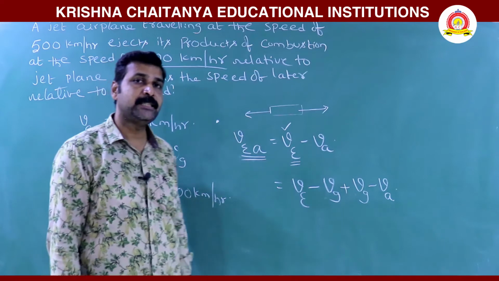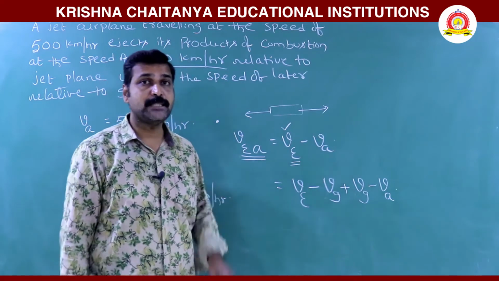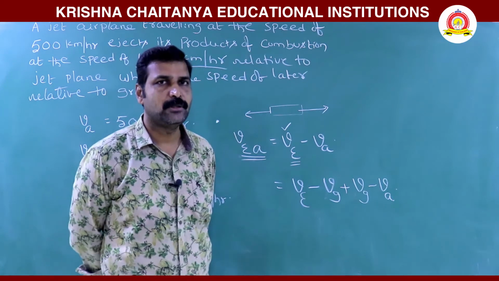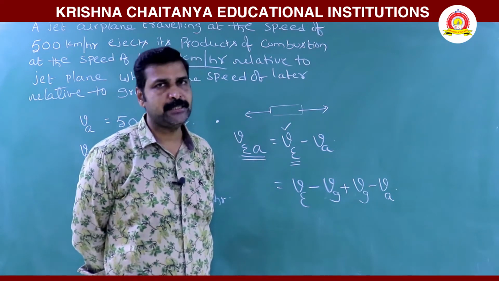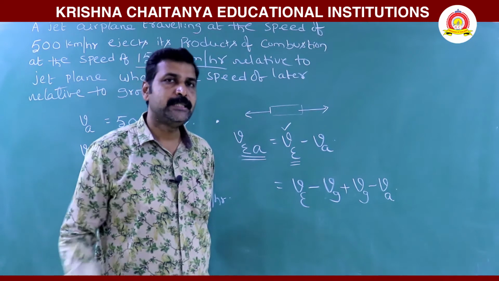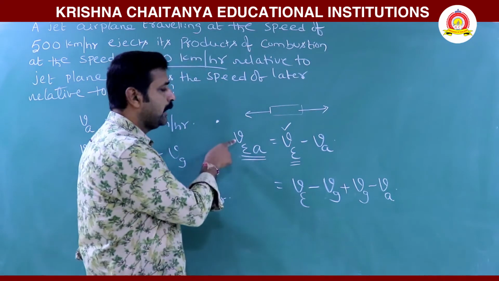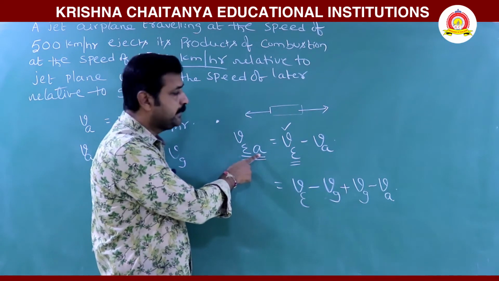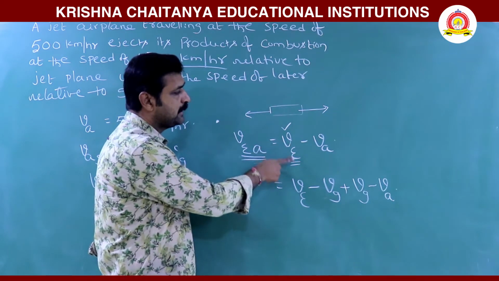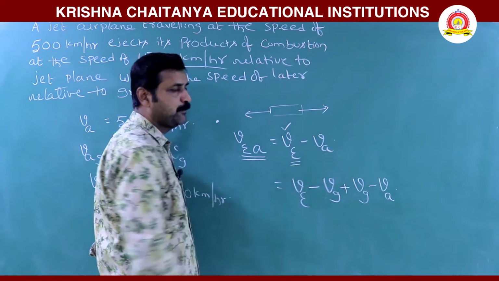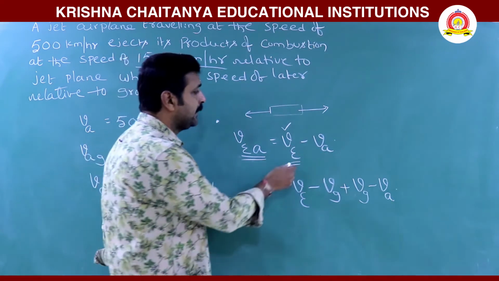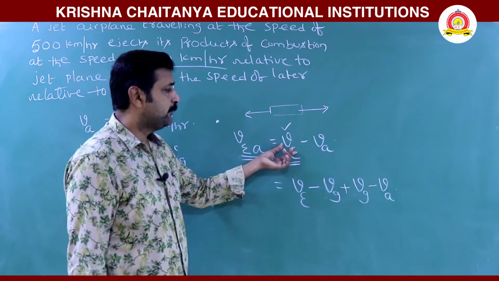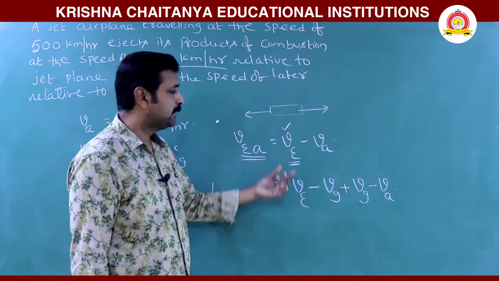As we discussed in the earlier class, velocity of A with respect to B is equal to velocity of A minus velocity of B. In the same sense, velocity of exhaust gases with respect to airplane is velocity of exhaust gas minus velocity of airplane. When a term is alone, it is with respect to ground.